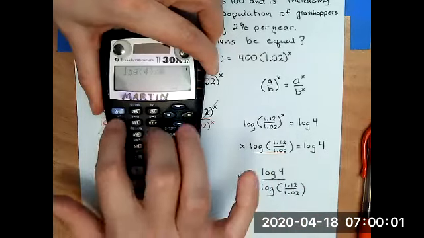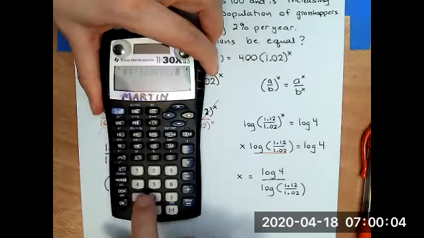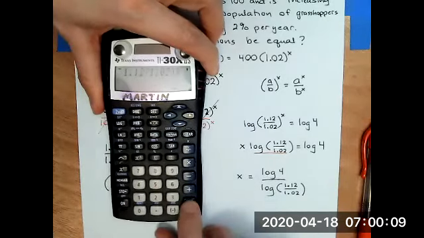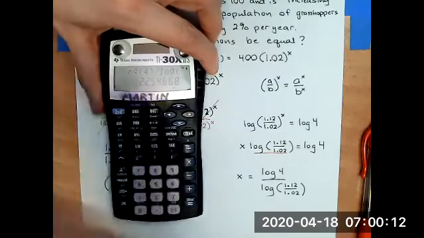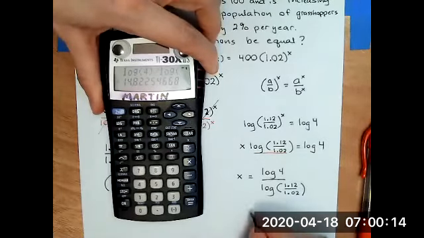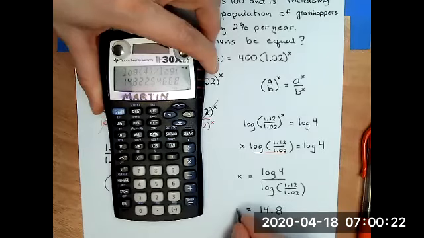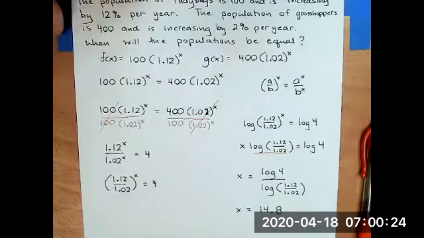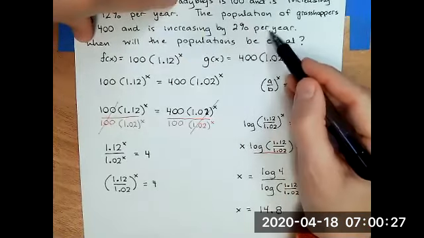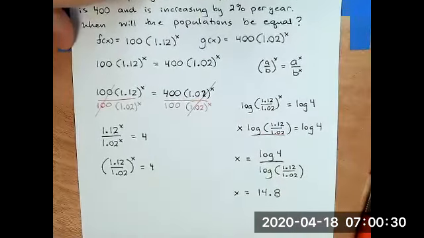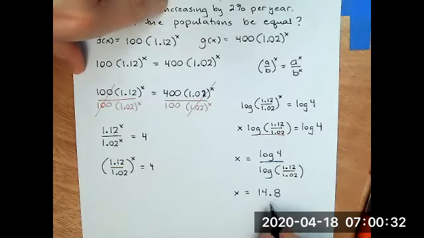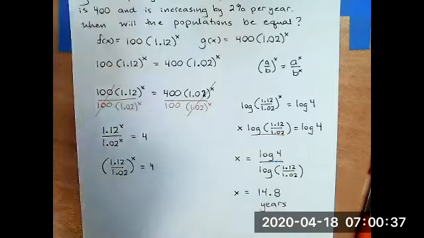Divided by the log of 1.12 divided by 1.02, close parentheses. And we get, I'm going to round off at the tenth place, and make a note that this was percent per year. So the two populations will be equal in 14.8 years.